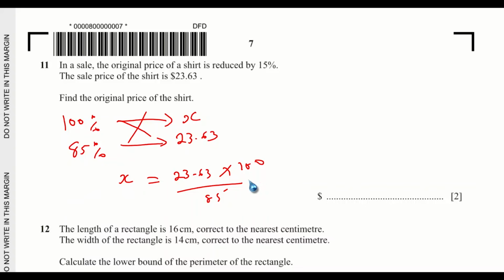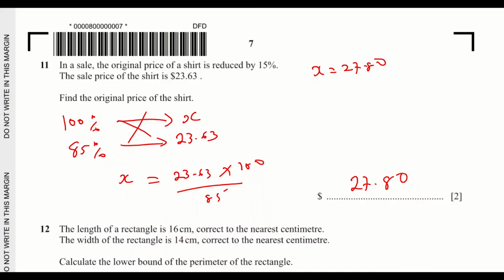So if you input this into your calculator, you should get the value of X. You should have it to be 27.80. So X equals $27.80.